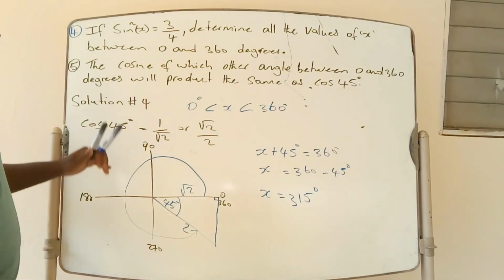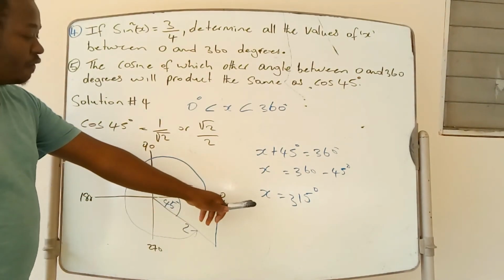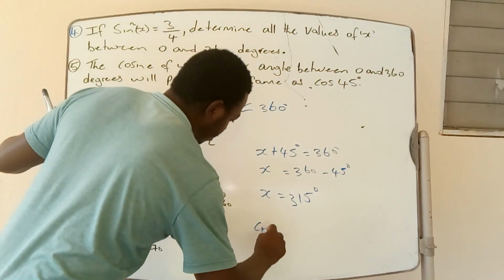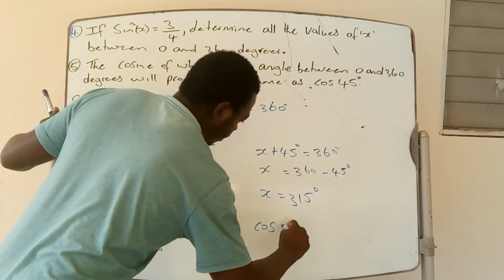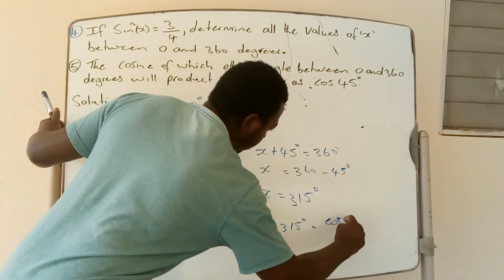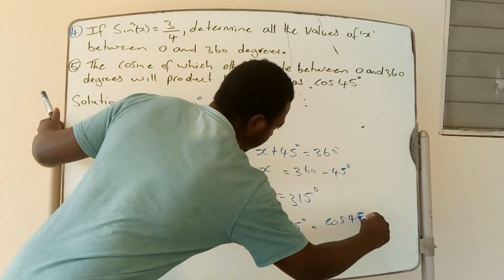So therefore, we can say that cos of 315 degrees is equal to cos of 45 degrees.